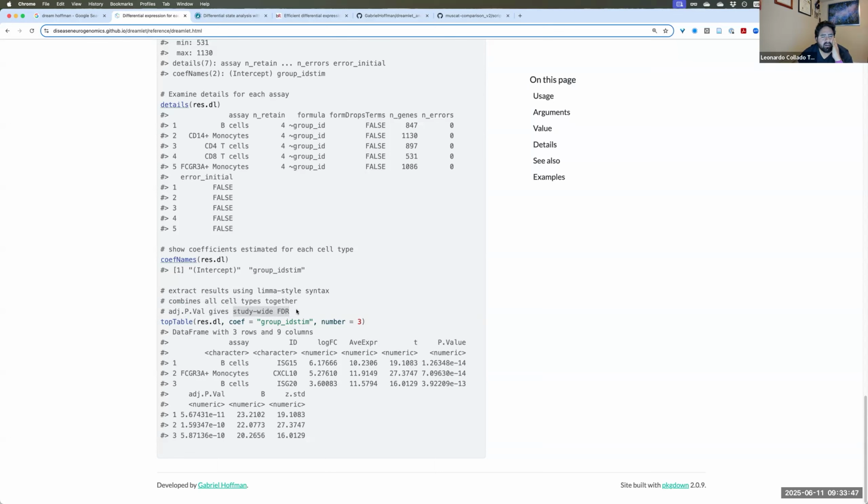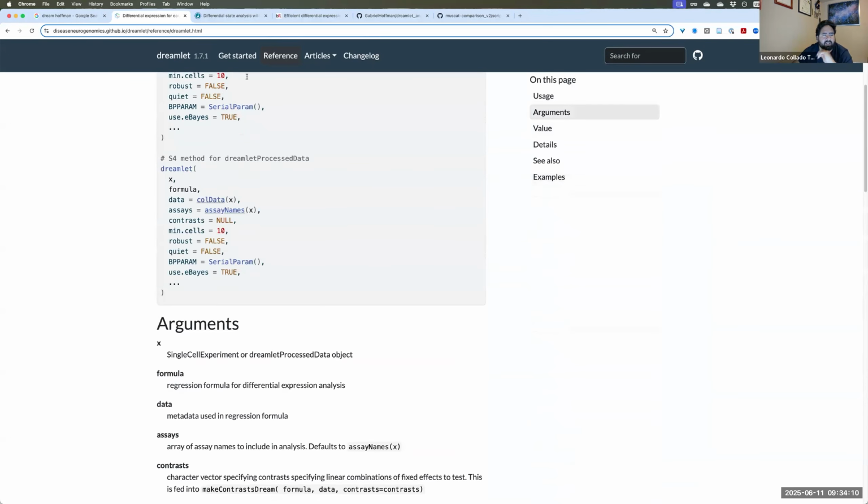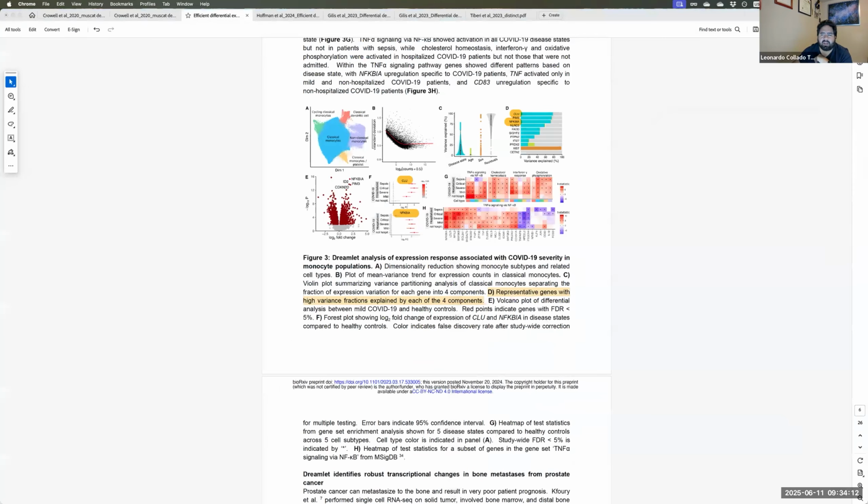So it's all of them together. And so you will probably have to separate your top table results by cell type, and then within that type, take your raw p-values and adjust them, in contrast to what Dreamlet actually computes for you. So that's one thing to note in terms of the software.